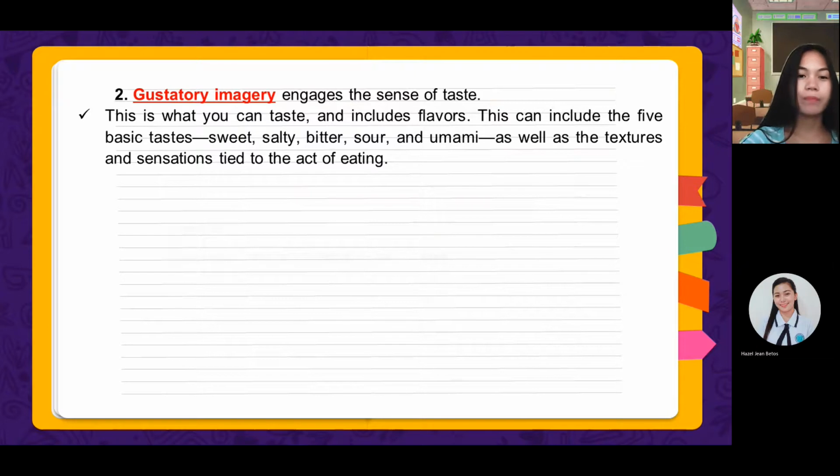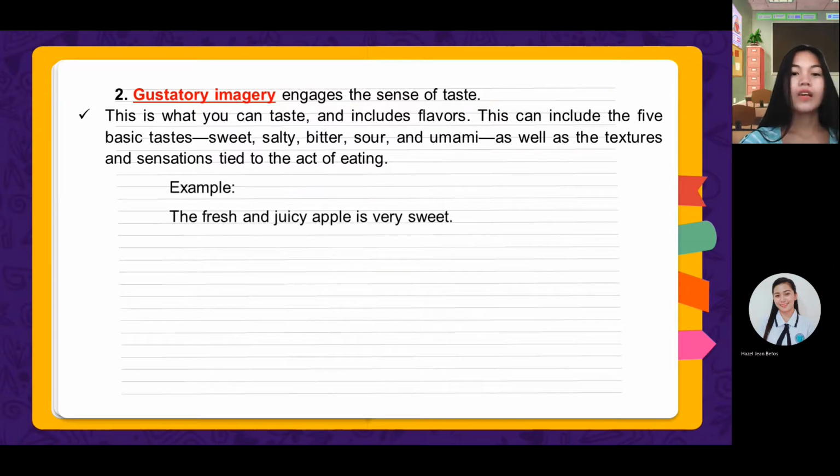Let's have an example. Hazel, can you identify what makes this sentence belong to the sense of taste? Because of the word sweet. Very good.